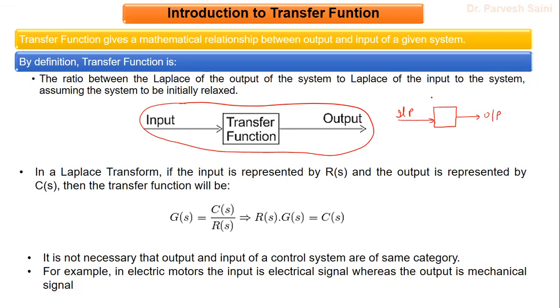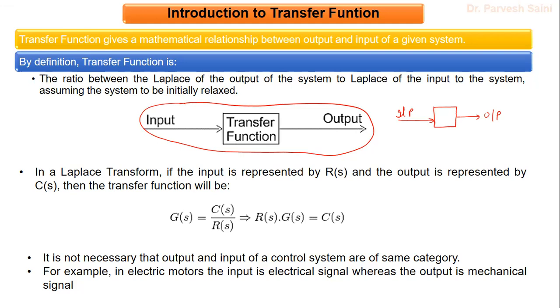And with respect to that excitation, the system gives a certain response. So the mathematical relationship between the response of the system and the excitation to the system, or you can say the output of the system to the input to the system.